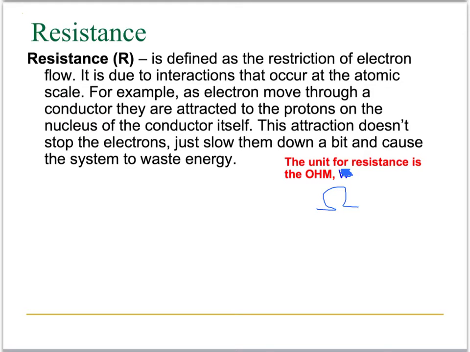This attraction doesn't stop the electrons, it just slows them down a bit and causes the system to waste energy. The unit for the resistance is the ohm. The symbol we're going to use to represent ohm is a Greek letter omega. It looks like a horseshoe.